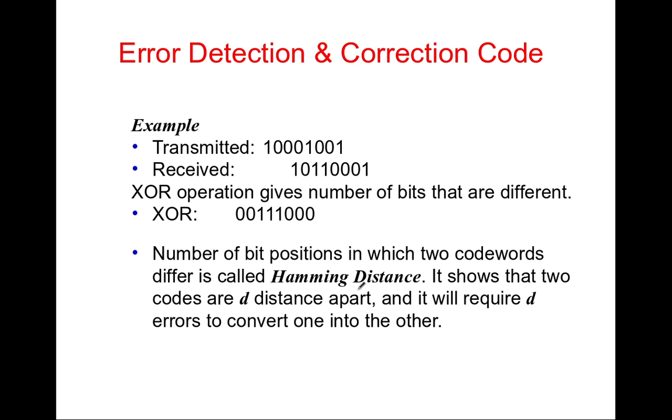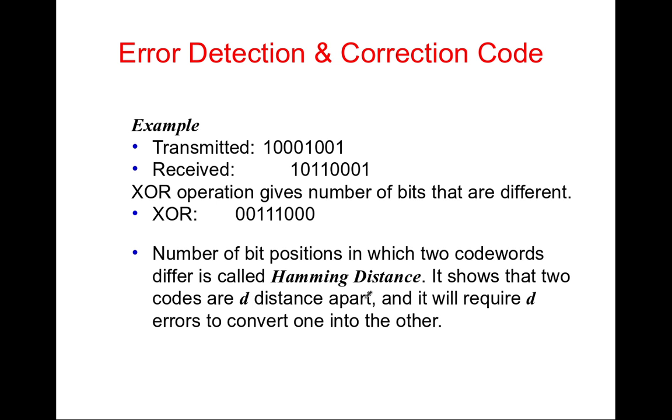For example, if two codes differ in 2 bit positions, that will be 2 distance apart. Now in these two codes, 3 bits are different, and that's why these two code words are 3 distance apart.